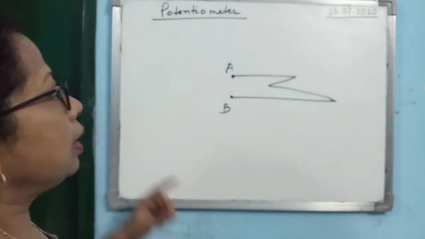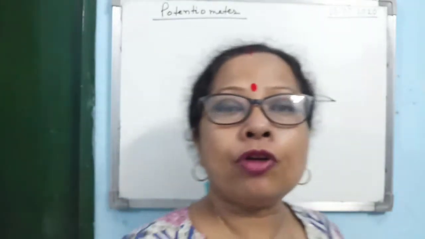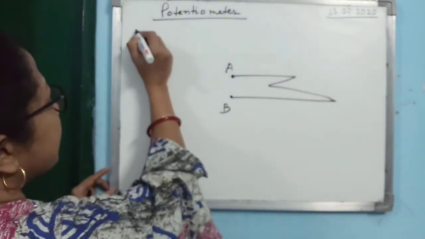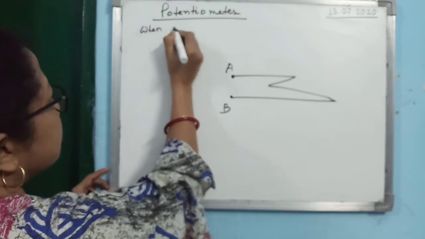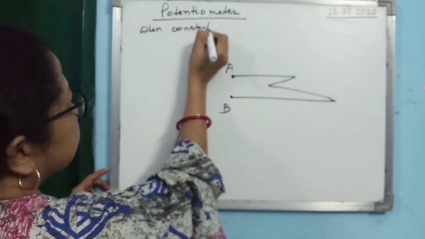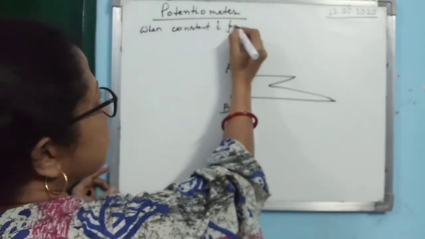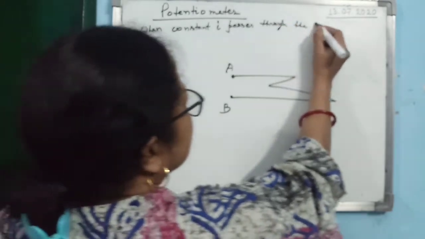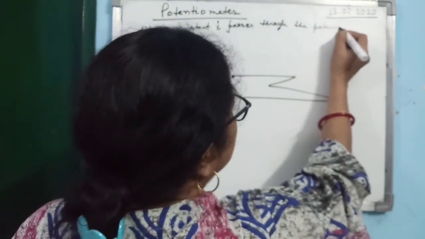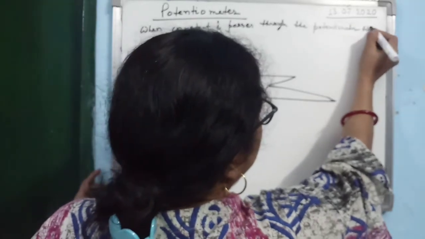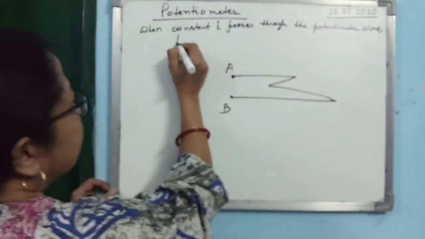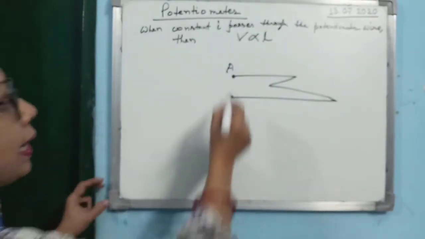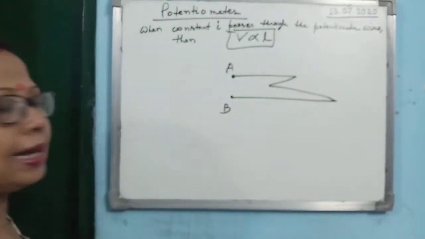Now, what is the working principle of potentiometer? Working principle of potentiometer is, here I am writing, when constant current I passes through the potentiometer, then potential difference across any length is directly proportional to the length of the string.